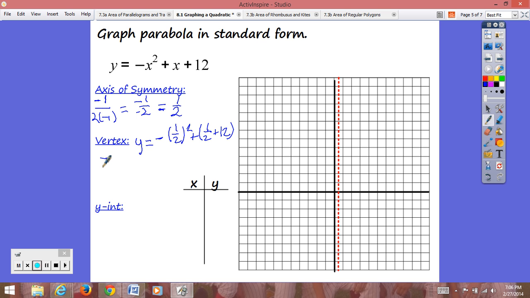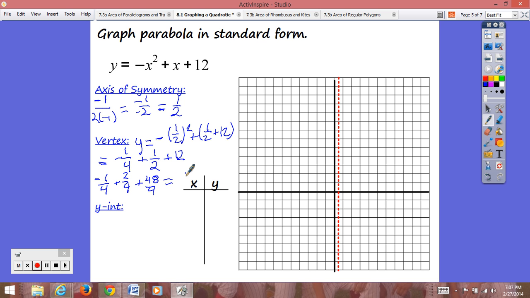That equals, for fractions, if we square the top and bottom, so we get 1/4, but it's negative, so we have negative 1/4 plus 1 half plus 12. Get common denominators. We get negative 1/4 plus 2/4 plus 12 would equal 48/4.